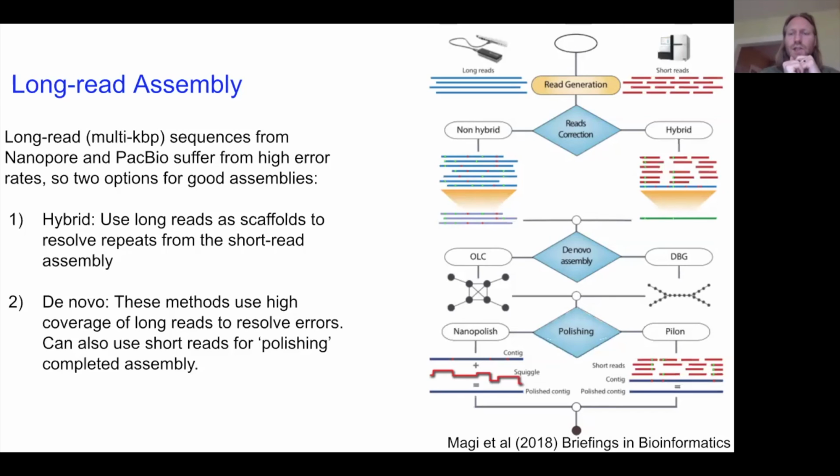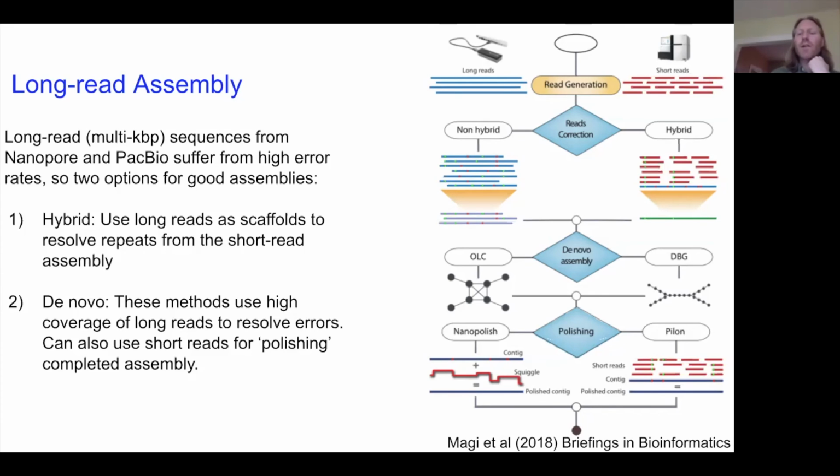The second is to use just the long reads in a de novo process, which generally requires a high coverage to resolve the errors necessarily. But you can do a de novo assembly with just the long reads. And then often what people do is a polishing step where they take either good quality contigs that they know from previous assemblies or from references even, and turn those de novo assemblies into higher quality assemblies.